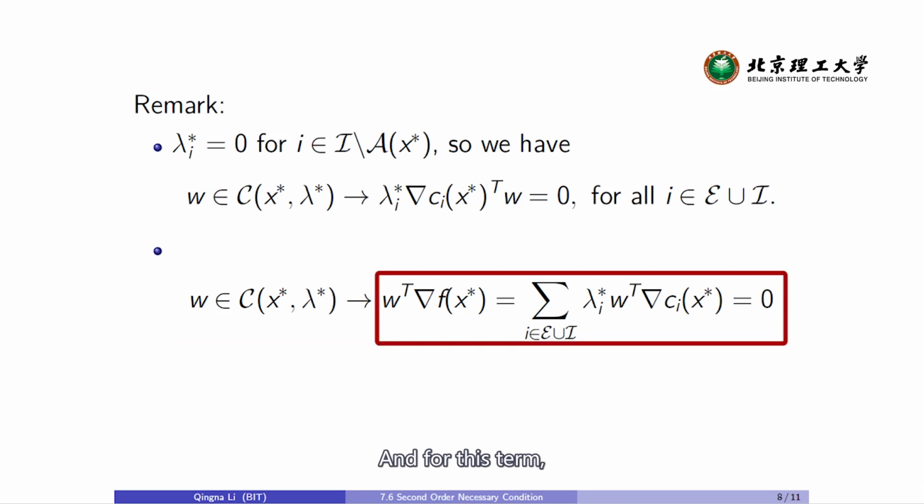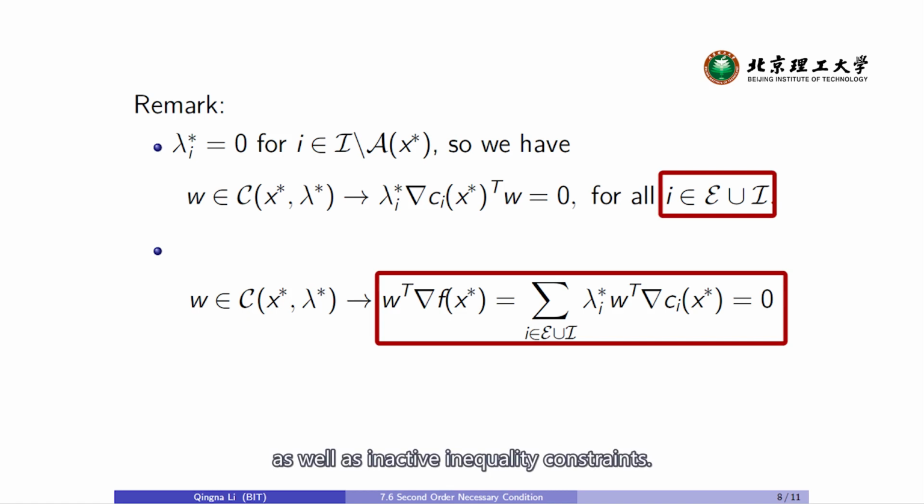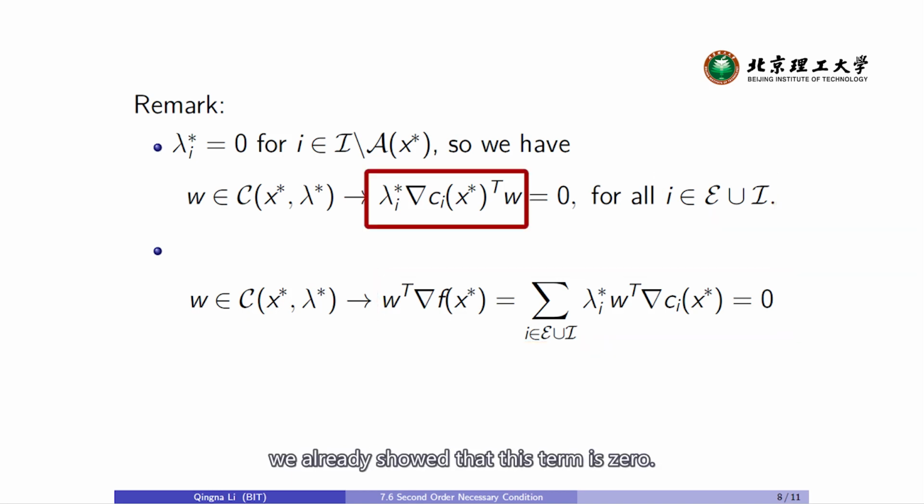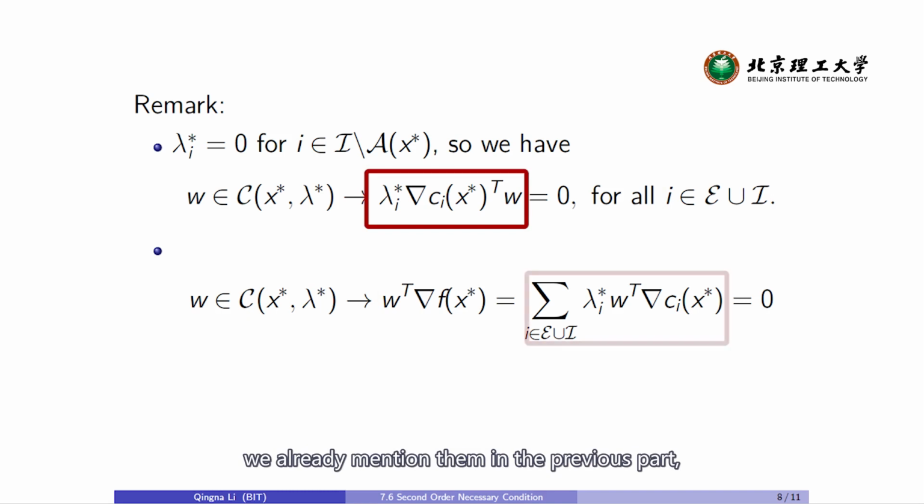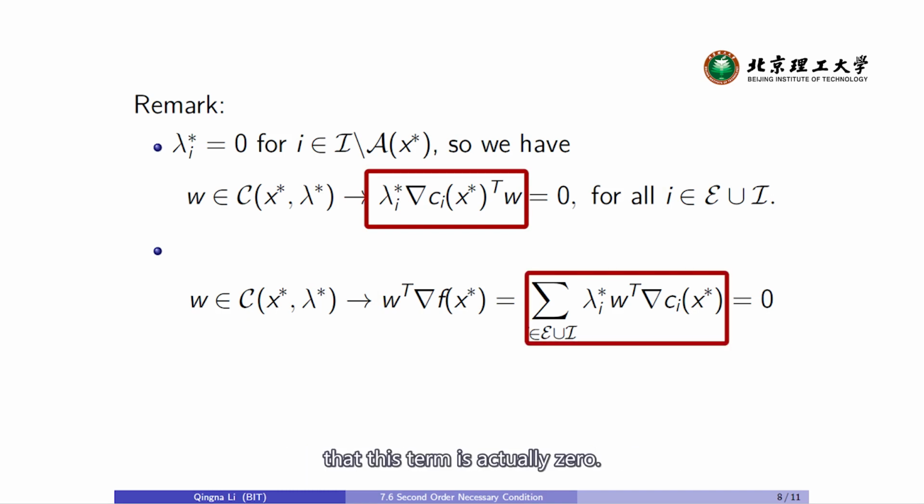And for this term, as we can see, we can separate it into equality constraints, active inequality constraints, as well as inactive inequality constraints. For the inactive inequality constraints, we already showed that this term is 0. And for the active inequality constraints, we already mentioned in the previous part that this term is actually 0.